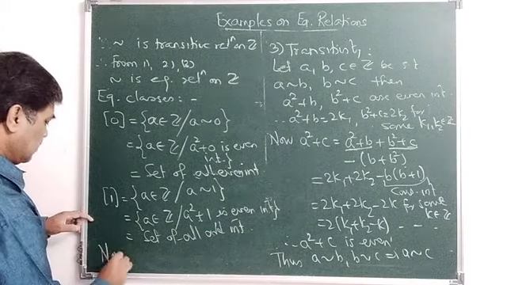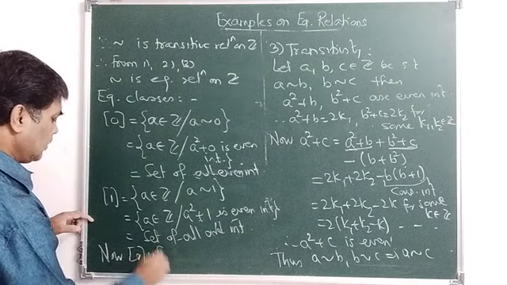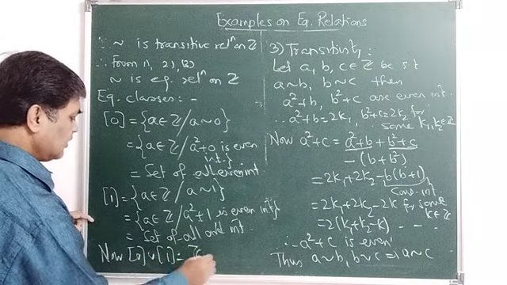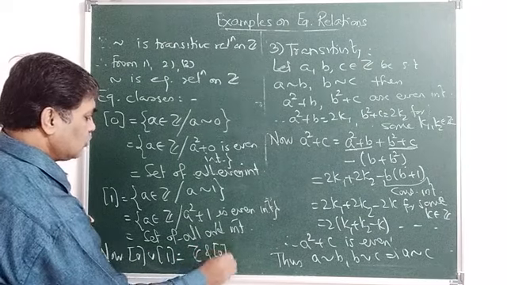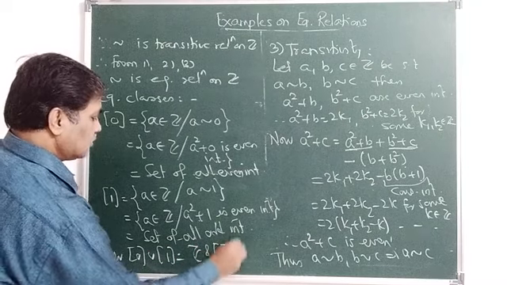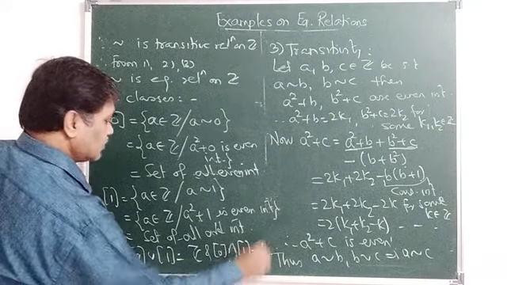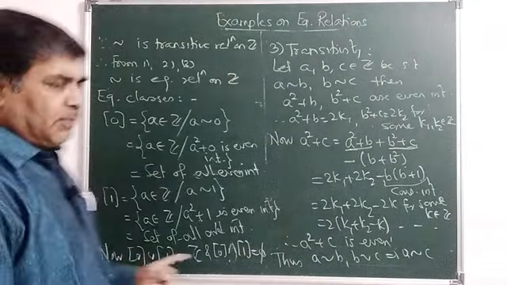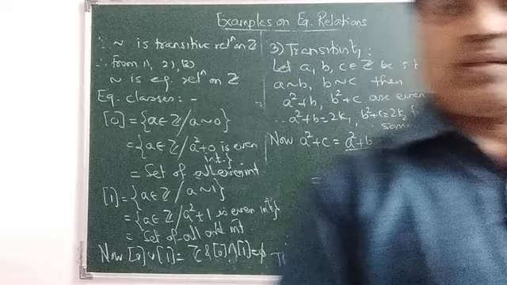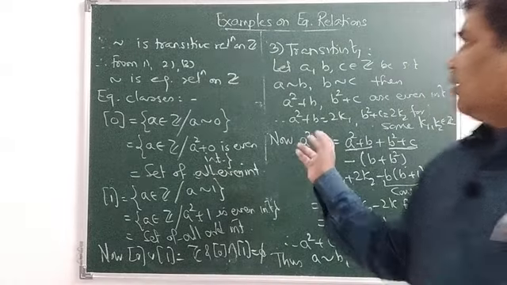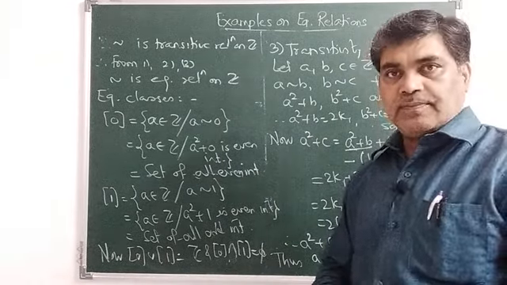Now the equivalence class of 0 union the equivalence class of 1 is Z, and the equivalence classes of 0 and 1 are disjoint. Therefore, these are the only two equivalence classes under the defined relation.